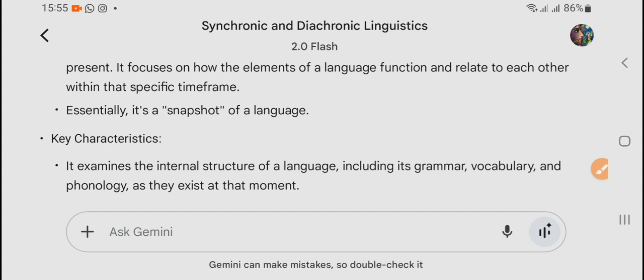Then we studied syllables, syllable counting, accent, rhythm, intonation, morphology, phonology, phonemes, graphemes, morphemes, history of English literature and the English language, then the definition of language, characteristics of language, and functions. These are all parts of the study of language.